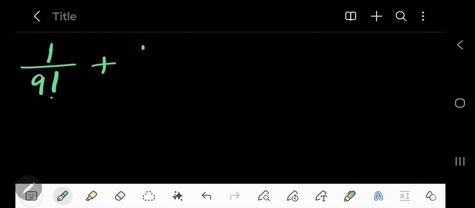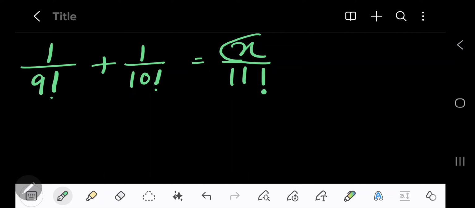Alright, our next question is 1 over 9! plus 1 over 10! equals x over 11!. Find x.